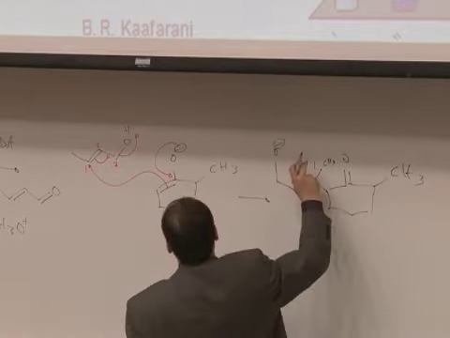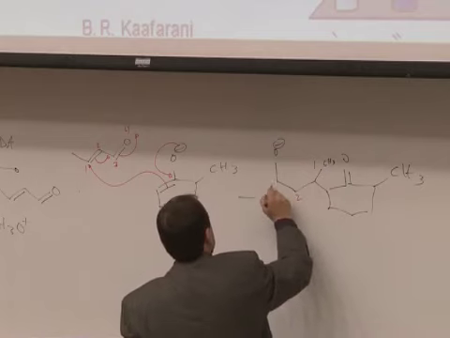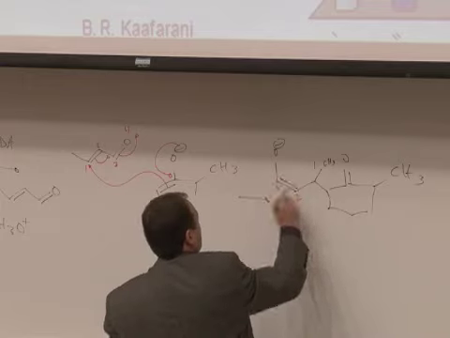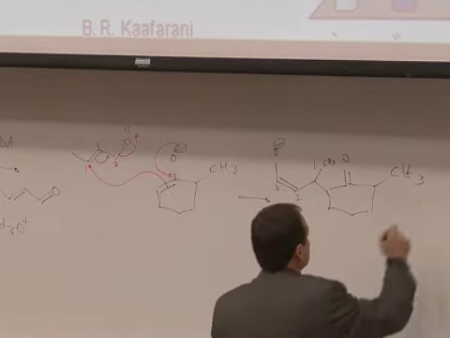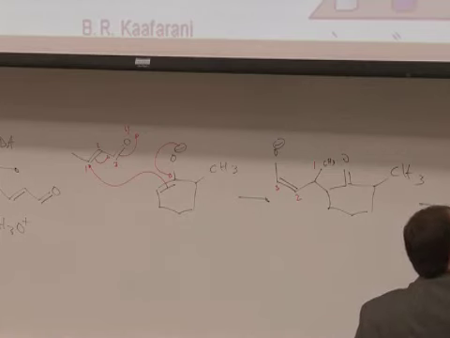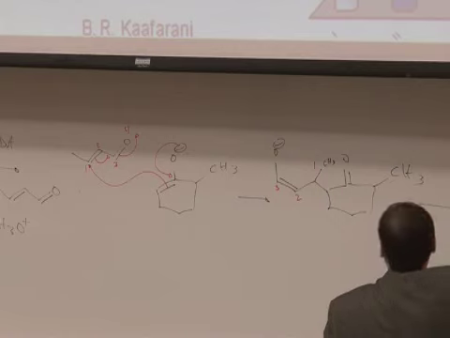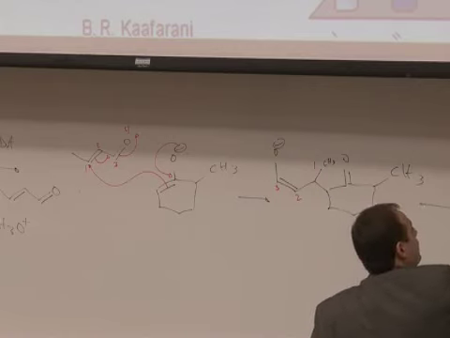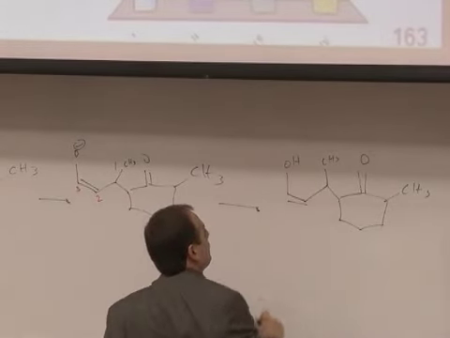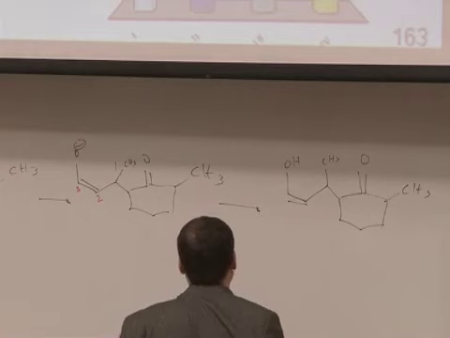And I have a double bond between carbons 2 and 3. And then I am getting CH3, C double bond O, CH3, OH, double bond. And then what are you going to have?